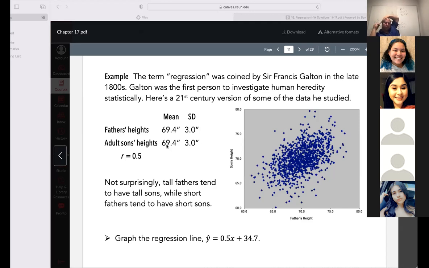So we have lots and lots of data of fathers and sons when it comes to their height. The mean of the father's heights was 69.4 inches, and the mean of the son's heights was 69.4 inches, both of which had a standard deviation of 3 inches and an R value of 0.5.